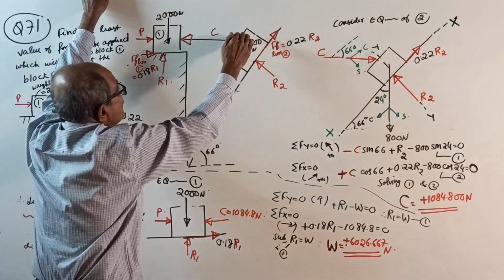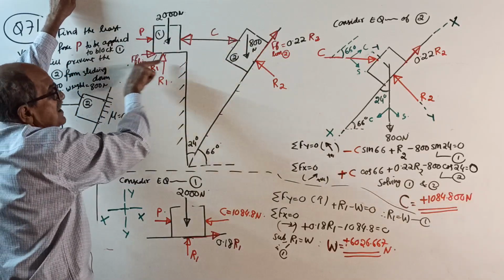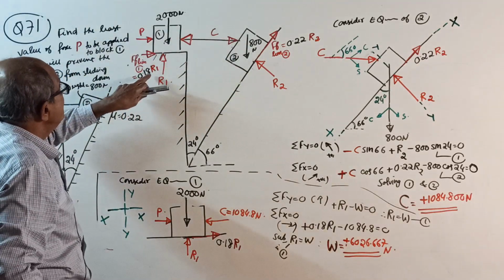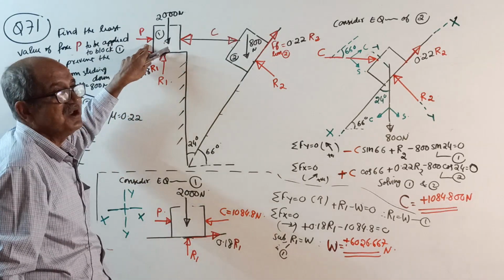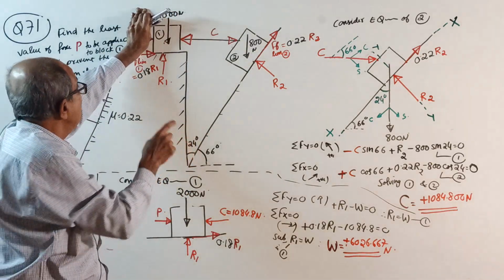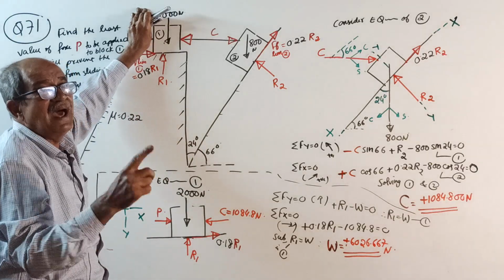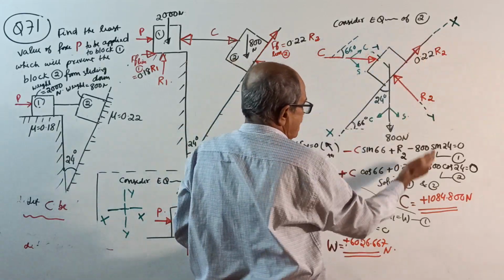Then it will push this one left side, friction is right side. But this time, this friction is not sufficient. Therefore, extra force is required. Last time, heavy weight is there, friction is more. That's why it balanced. Okay. First consider equilibrium of block 2.